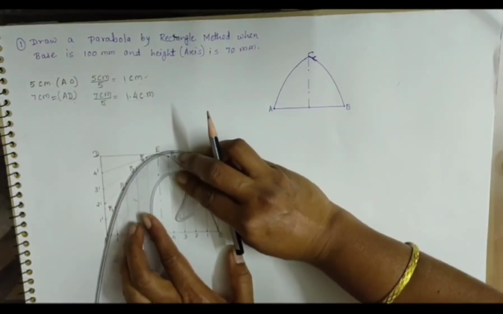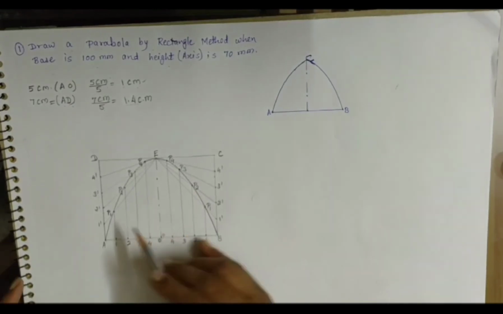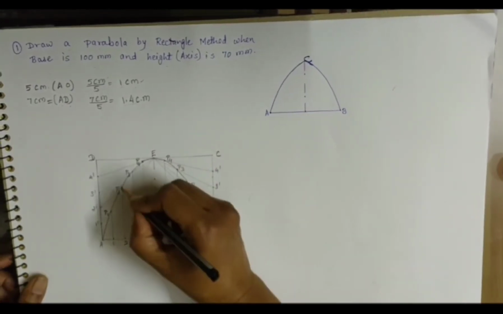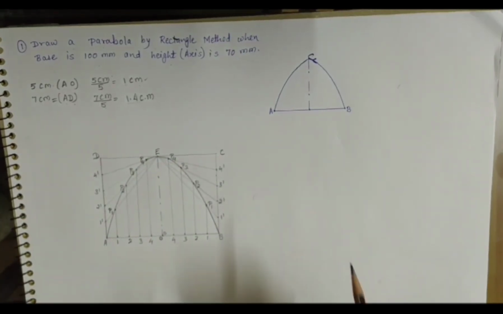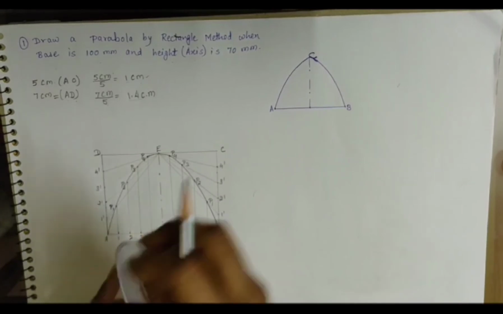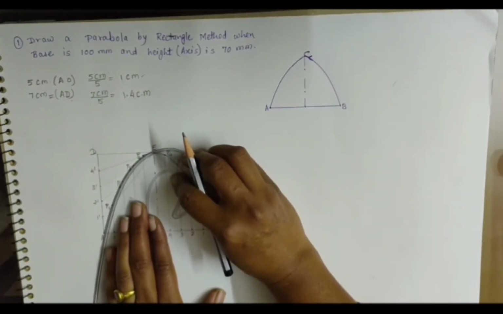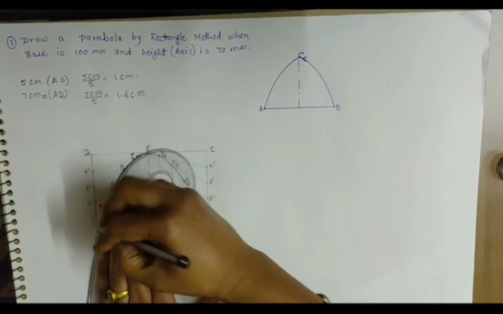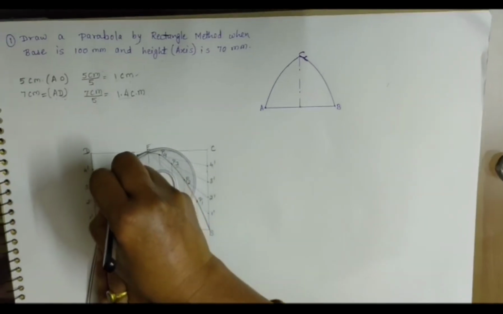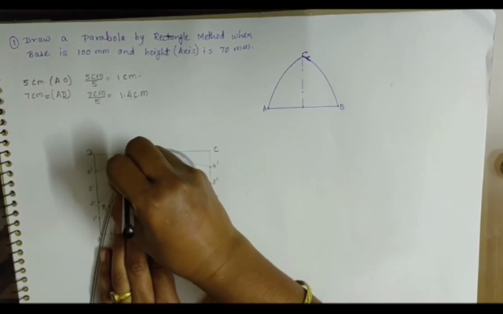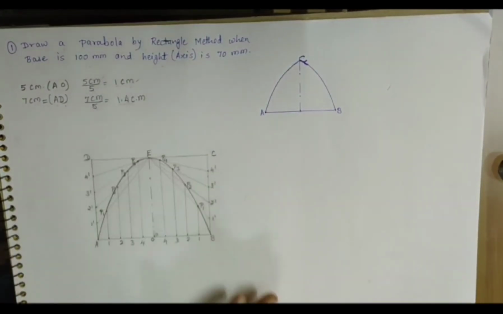This curve should be dark. All these other things will be light and only this curve should be dark. Finally, this will be the darker one.